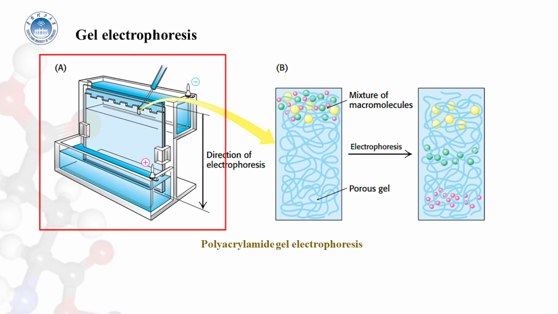Electrophoresis is performed in a thin vertical slab of polyacrylamide gel. A microliter pipette is used to place solutions of protein into the wells of the slab, and a cover is then placed over the gel chamber and the voltage is applied.